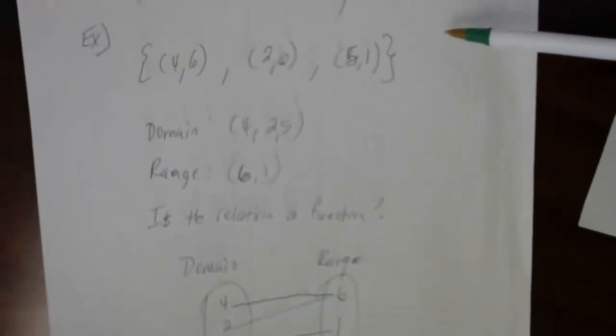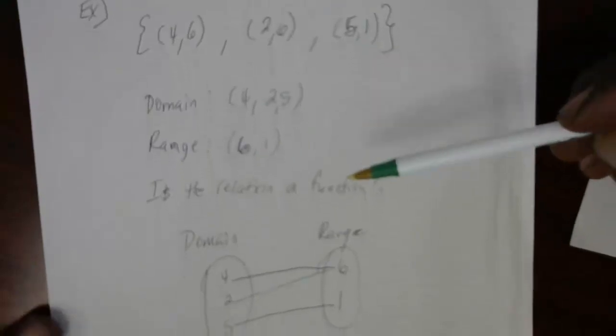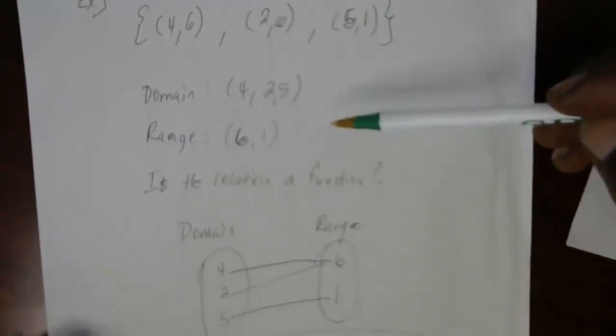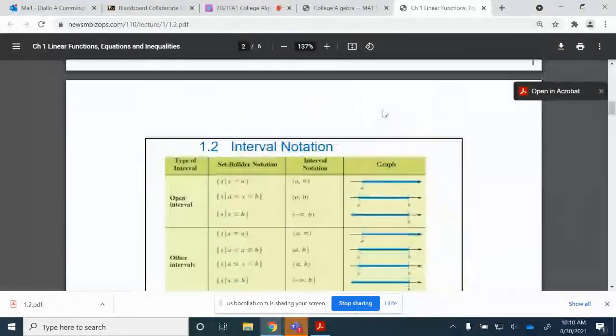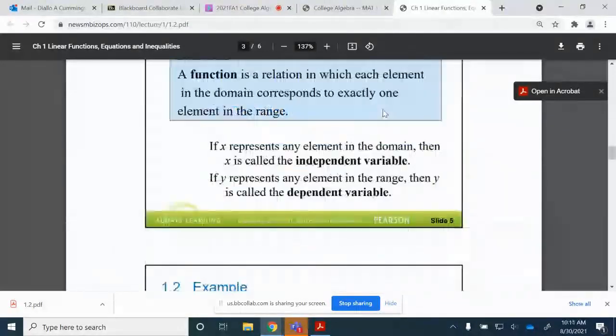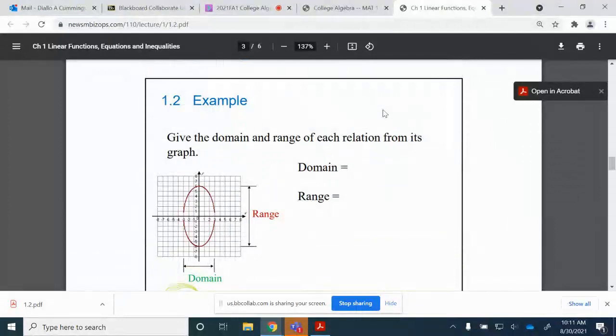All right, so we're able to take a relation. We were able to pull out the domain. We were able to pull out the range. We were able to determine if it is a function. Okay, so now we're going to take a look at a graph, right, which is this graph that we looked at earlier.